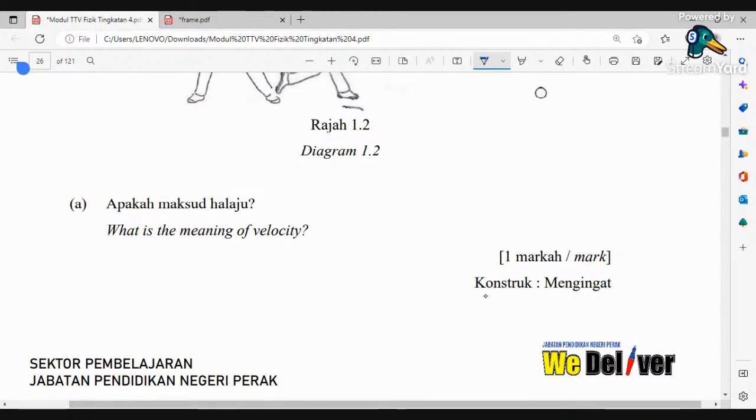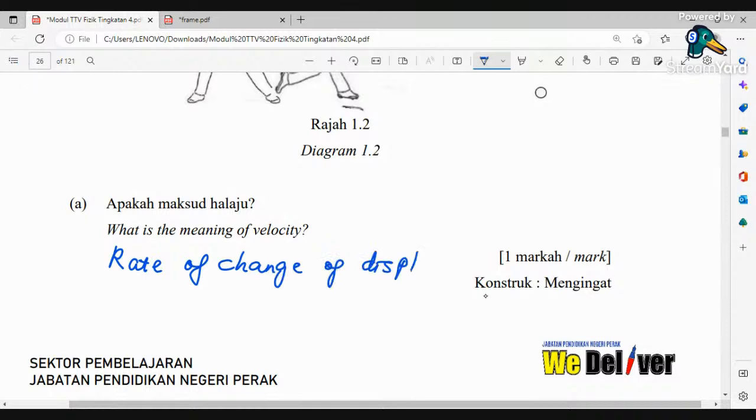Kalau boleh, tulis dalam sentence. Rate of change of displacement. Jangan tulis rate of change of distance. Itu untuk speed. Kita nak velocity ya. So rate of change of displacement.